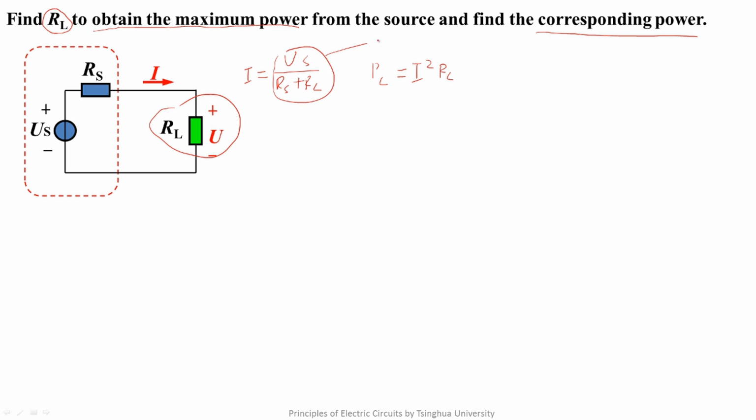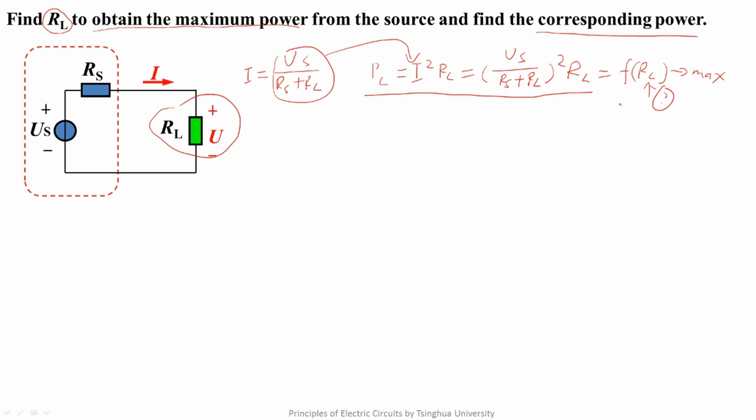Substituted into this formula, we have PL equals US over RS plus RL squared times RL. This formula is a function of RL. We want to know what's the value of RL in order to obtain the formula's maximum value.